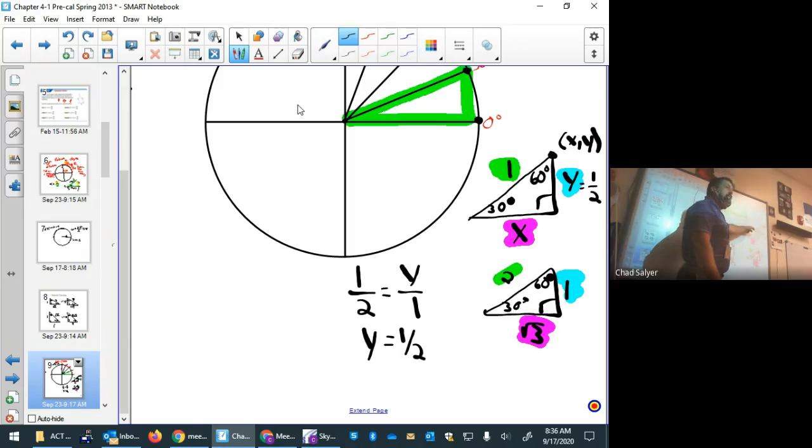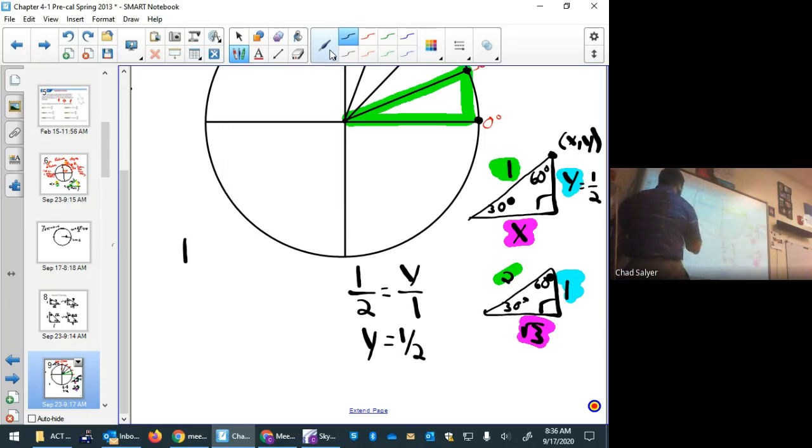So I know the ratios of their sides must be equal. In other words, they're expanded or contracted in some way, but it's the same for all sides. So 1's ratio to 2 has to be the same as y's ratio to 1. Hence this equation. Okay. Now, the same is true.